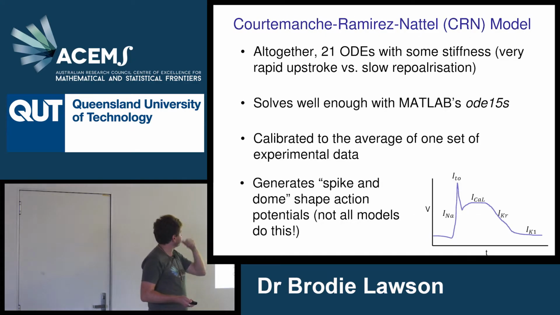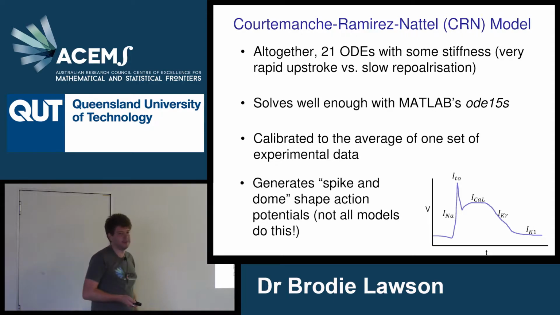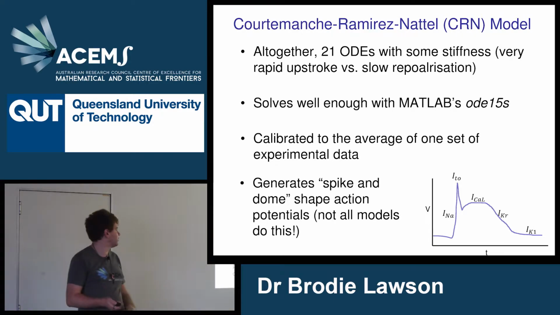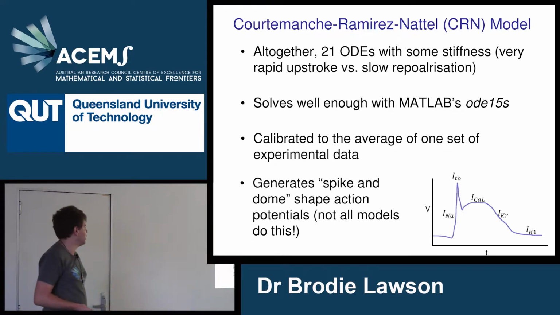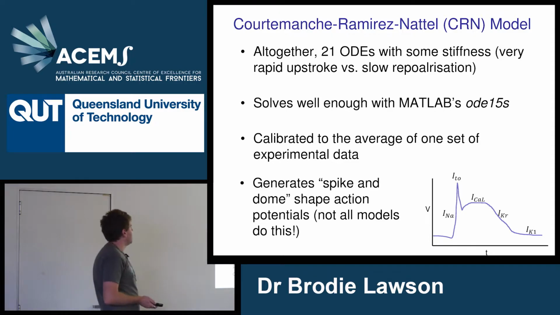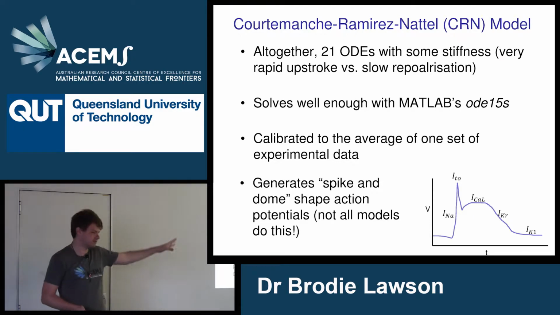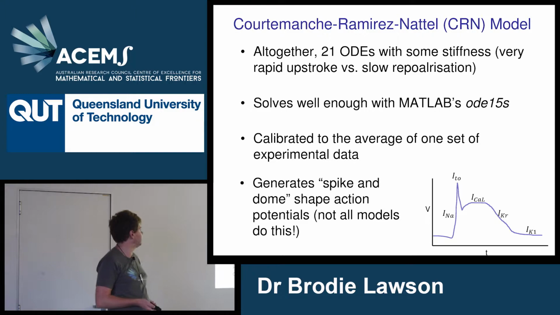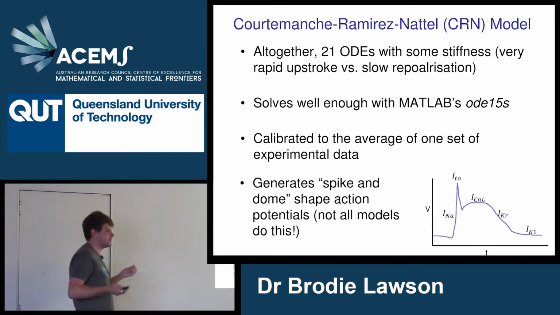Okay, so the model that we'll talk about for the first part is the Courtemanche, Ramirez, and Nattel model. CRN, we'll call it from now on. And just to give you an idea of the sort of scope of these things, it's 21 ODEs altogether. So your 3 ion concentrations, a bunch of gating variables, and then the voltage itself. And it is decently stiff.